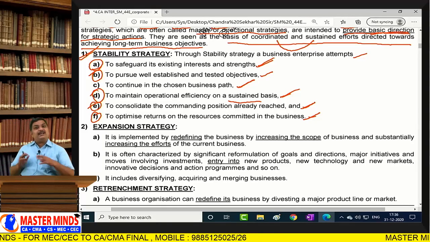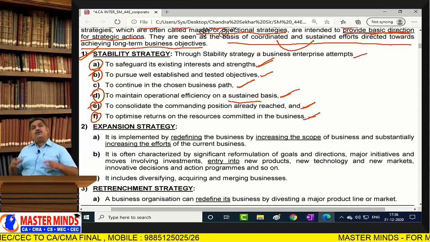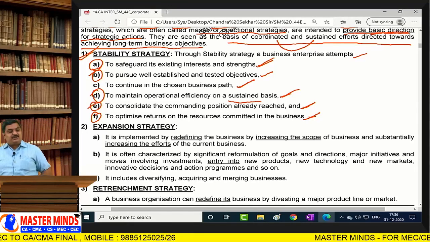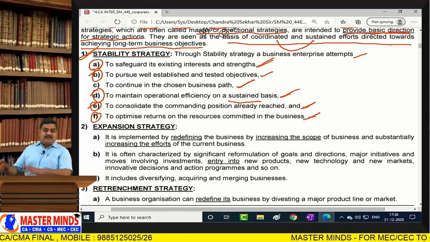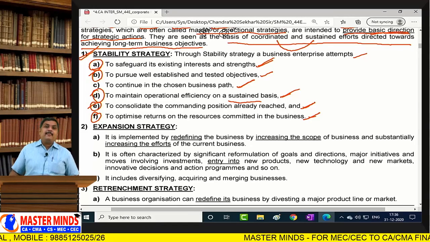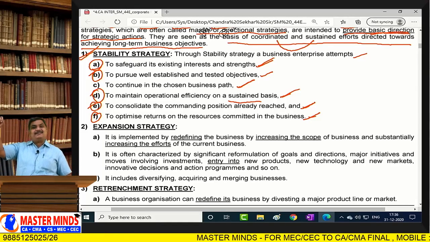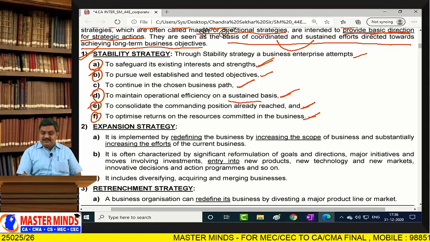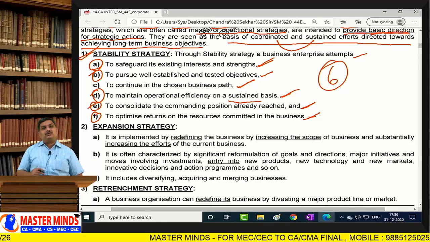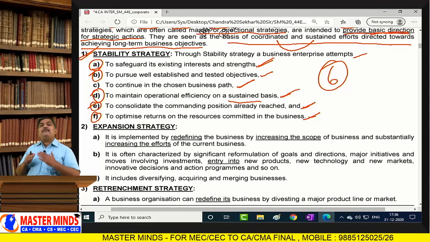My company should think to continue in the chosen business path. My company should pursue well-established and tested objectives. My company should safeguard its existing interests and strengths. That means, whenever I say at the corporate level we follow stability strategy, these 6 points are to be understood by whom? By all people in the company.